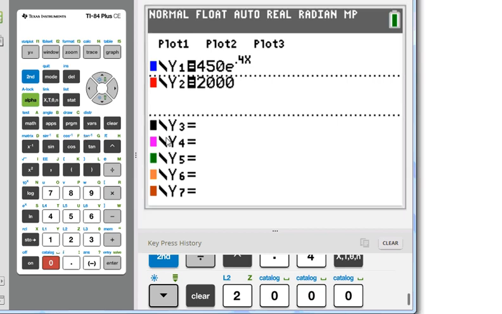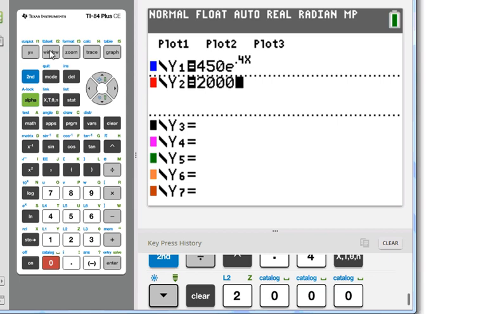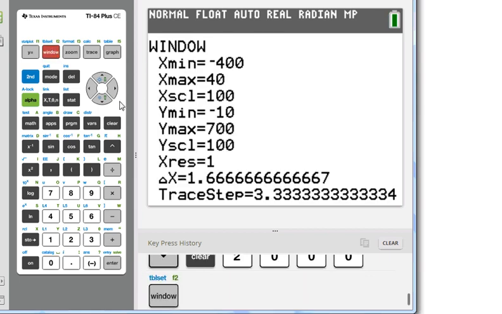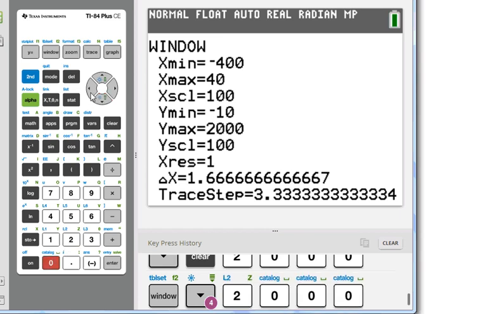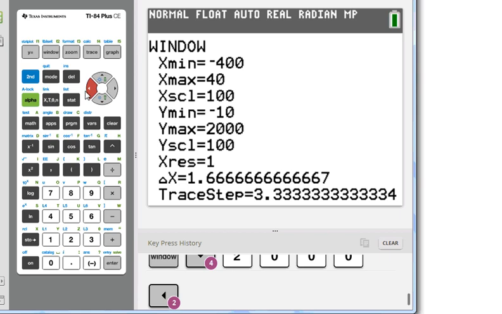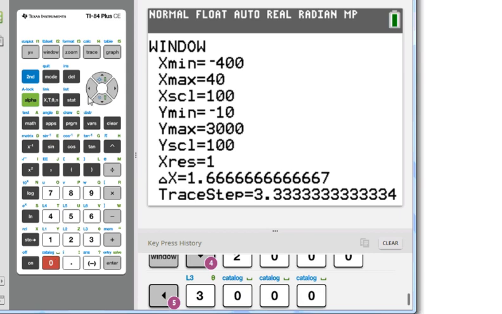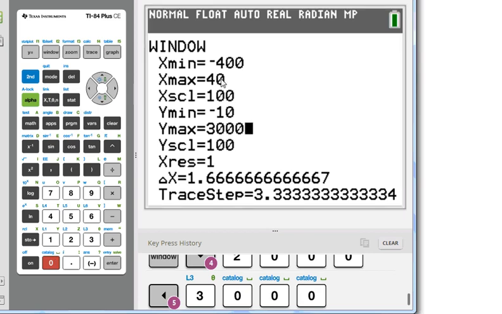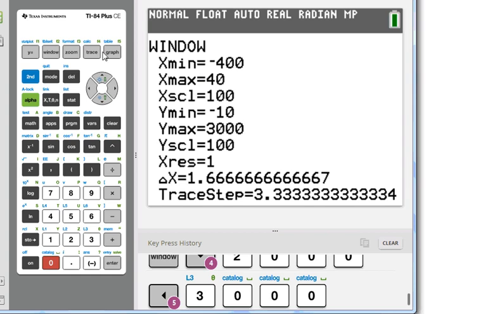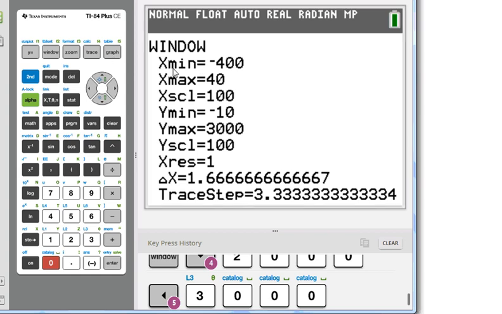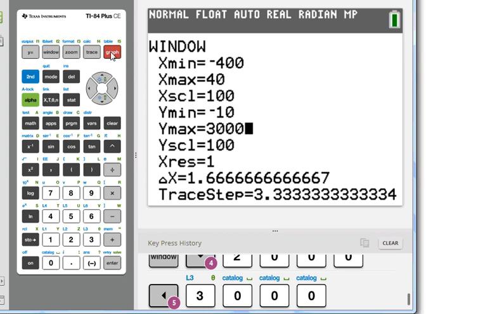Now I know I'm going to need the window set to at least y max of 2,000. Let me make it 3,000 just to make sure we have enough room. I think we're probably going to have to adjust x min and x max too, but let's go ahead and graph it and see what we have here.